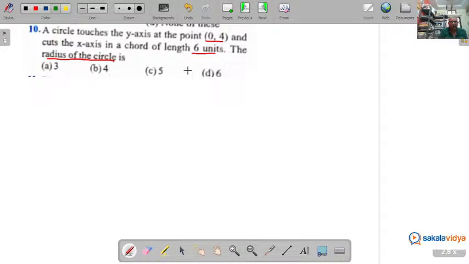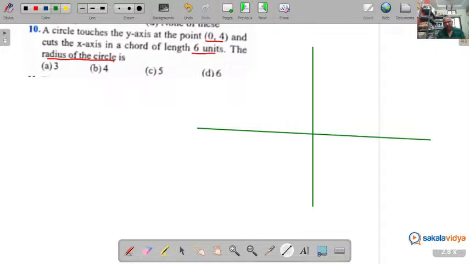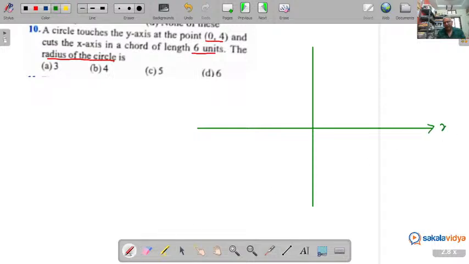See, so first let us draw coordinate axis. So x axis, x dash, so y axis and y dash. See, what is the condition?